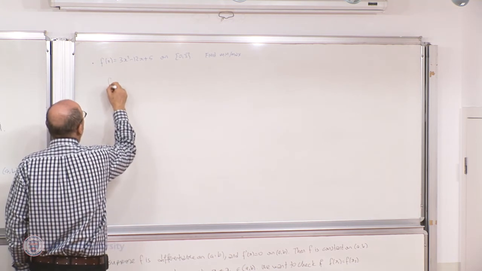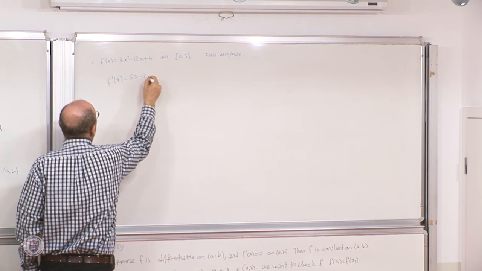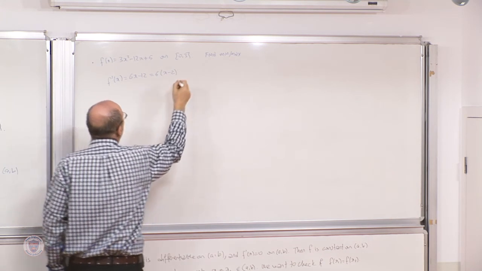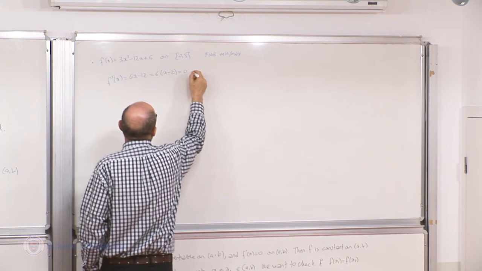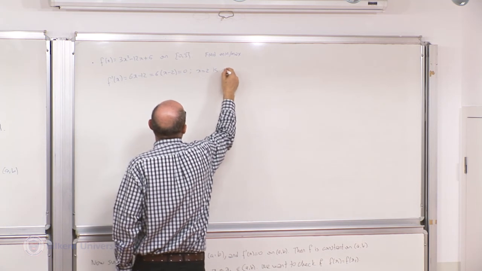So we immediately take the derivative of this. This is 6x minus 12. So this is 6 times (x minus 2). We equate that to 0. So x equals 2 is a critical point.